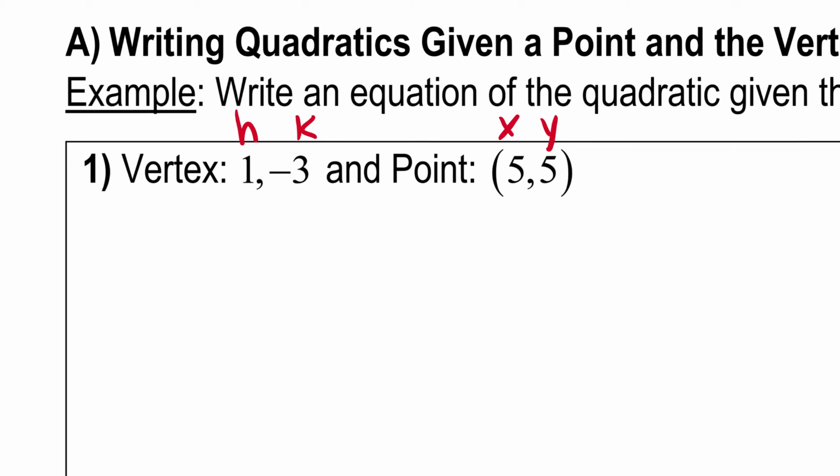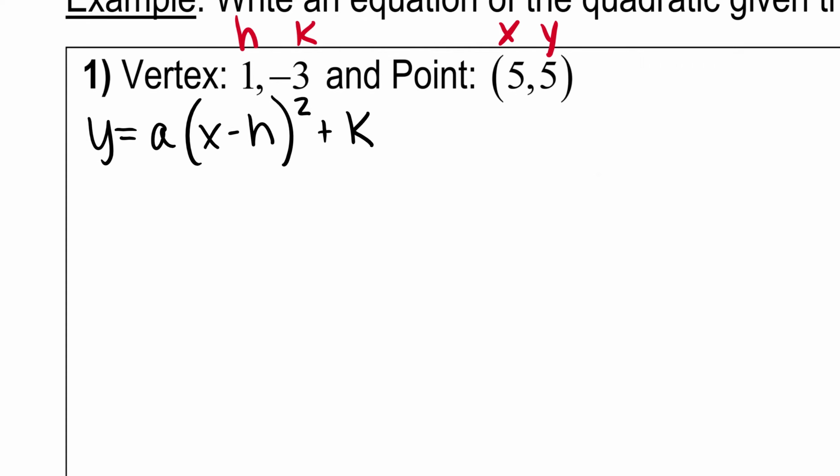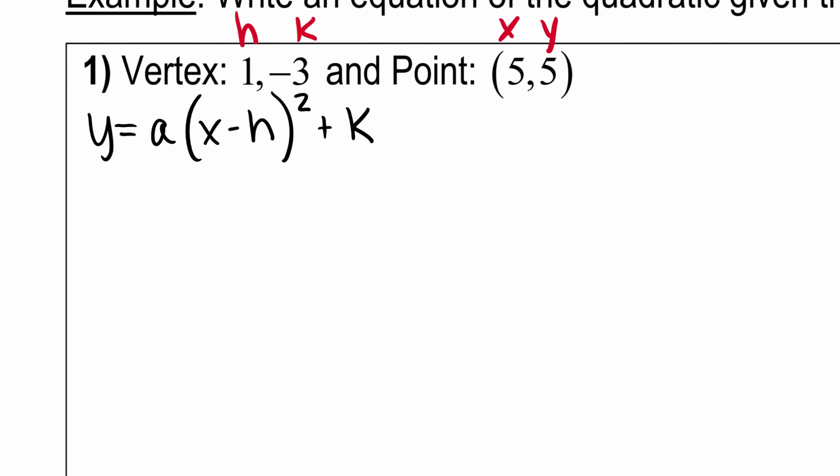I'm going to take those four numbers, and I have my equation y equals a times x minus h squared plus k. Notice I have, of those 5 letters, 4 of them. I can plug in 4 of them and solve for a. That's all I'm doing on this part. All I need is a, and so I plug it in, solve for a, and I'm done. I mean, I got to write it in my equation, but yeah, I just got to solve for a.